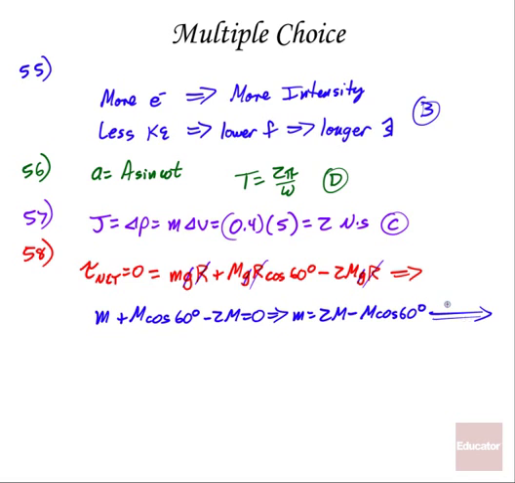But we know the cosine of 60 degrees is 1/2. So m equals 2 capital M minus capital M over 2, or 3/2 capital M. Answer C.